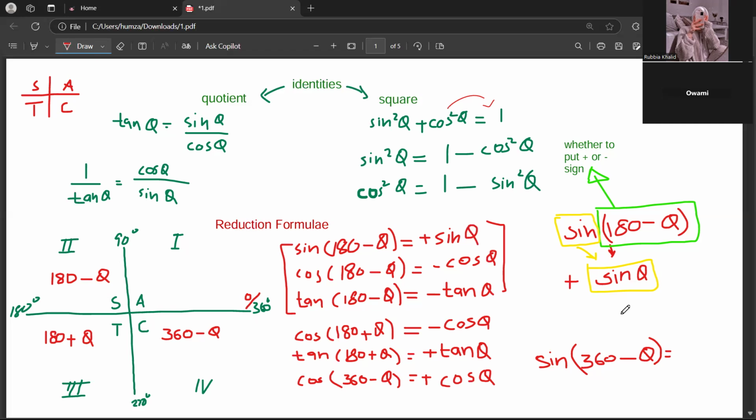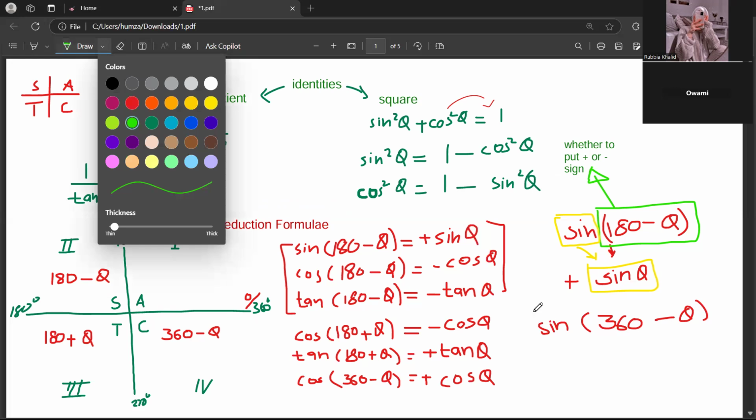Okay. Now try again. Sine 360 minus theta. What do you think the reduced angle will be? Very good.